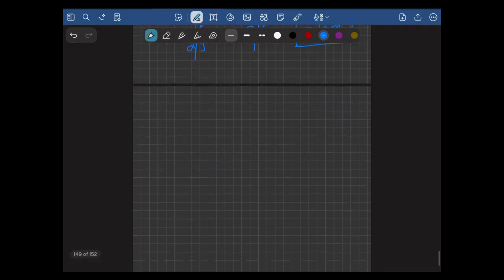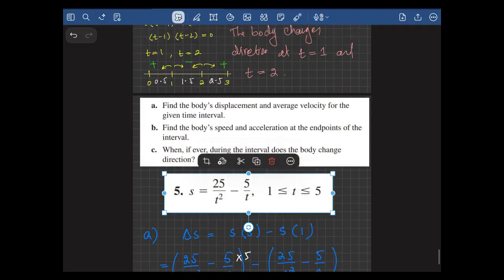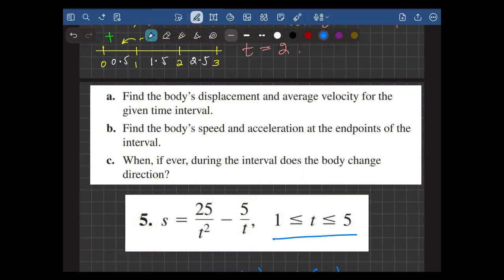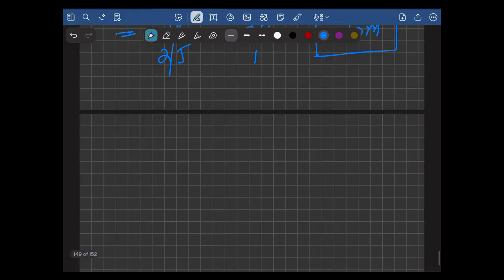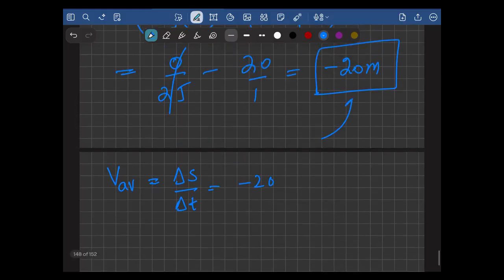All right, after displacement we have to find the average velocity. Average velocity equals the change in displacement over the change in the time interval. Change in displacement is minus 20, which we just solved.